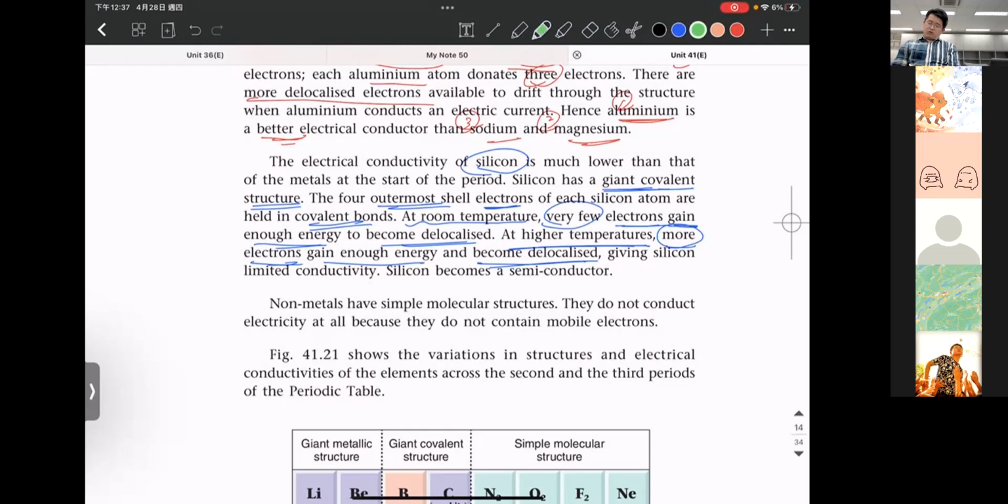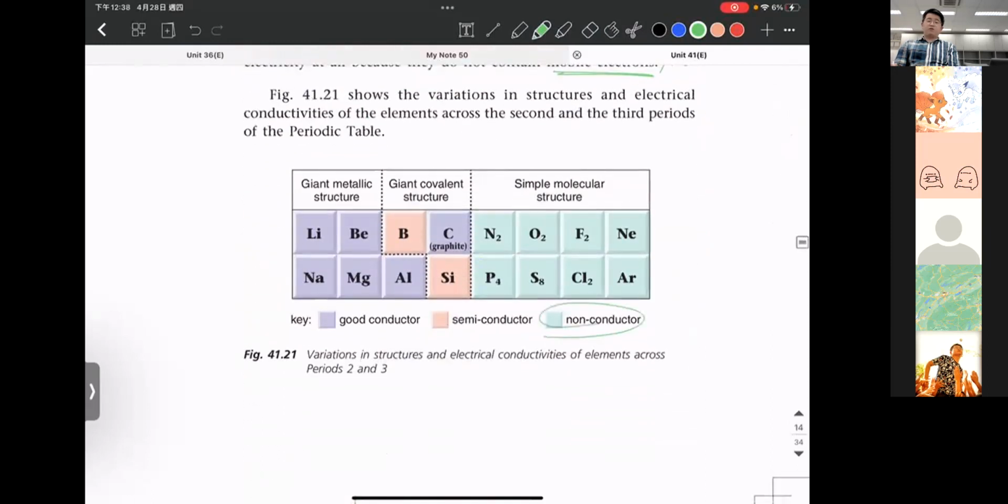However, when you talk about non-metals, they have neither mobile delocalized electrons nor mobile ions. As a result, we say those non-metals are non-conductors. No mobile ions, no delocalized electrons.